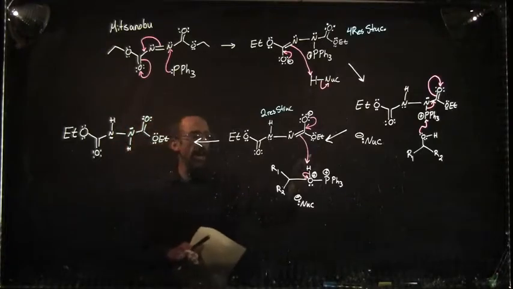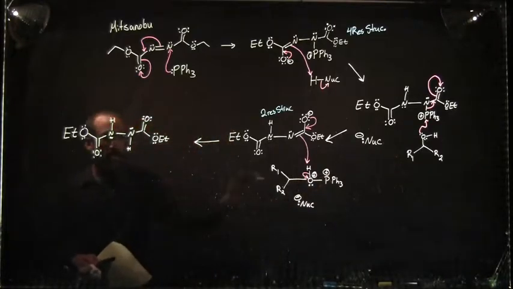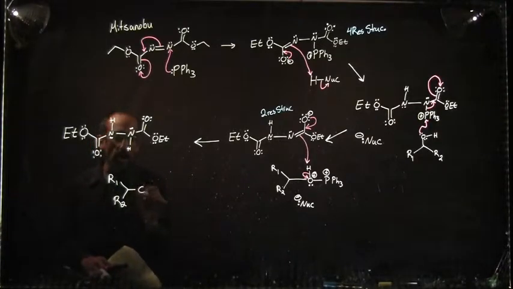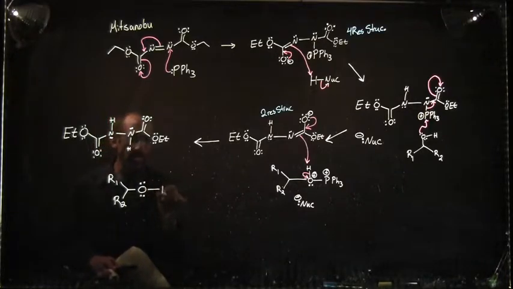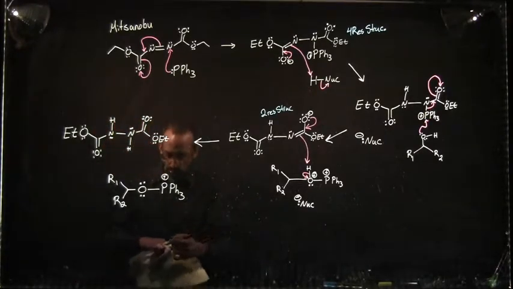If we draw the products of what happened with our oxygen-phosphorus compound, or intermediate I should say, we still have both of our R groups attached to that alcohol oxygen. It's now been deprotonated, so it has 2 lone pairs. It's still bonded to the phosphorus, which still has the 3 phenyl groups on it. Phosphorus still has 4 bonds, no lone pair. It has a positive charge.